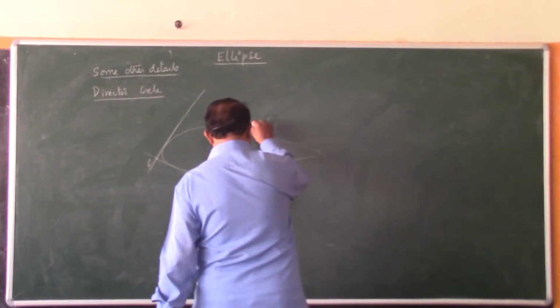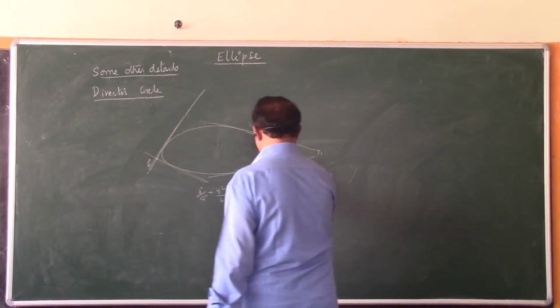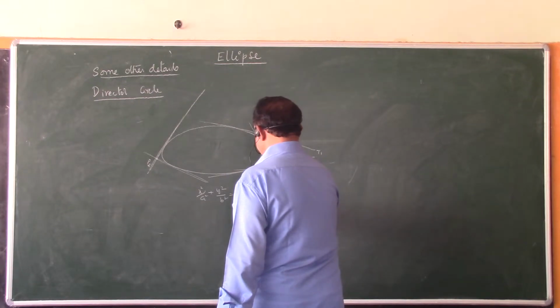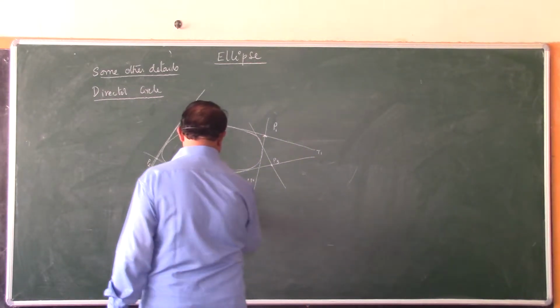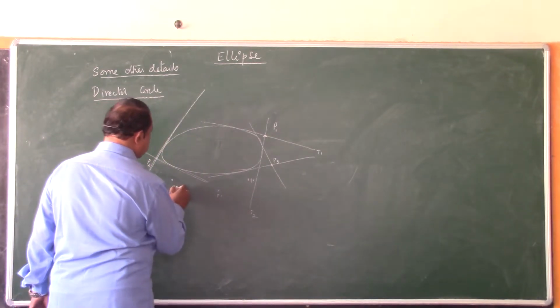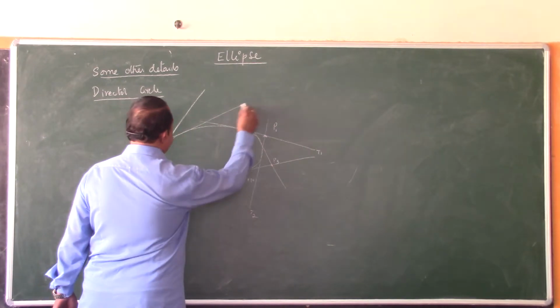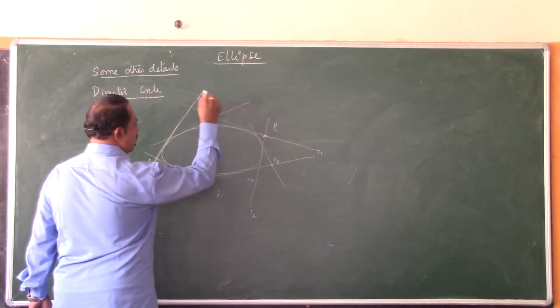Now take one more tangent somewhere here and draw a tangent perpendicular to this. This is P3. So I can have P4 here. Now just imagine P5 and some more P6, and if I draw a tangent here and a perpendicular to this will be P7 and so on.